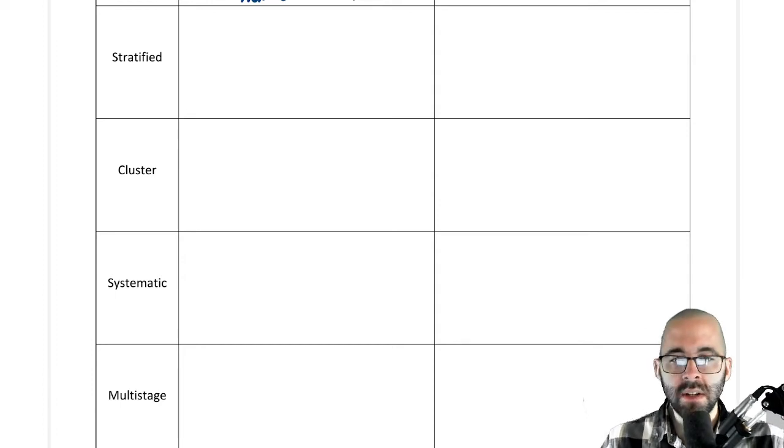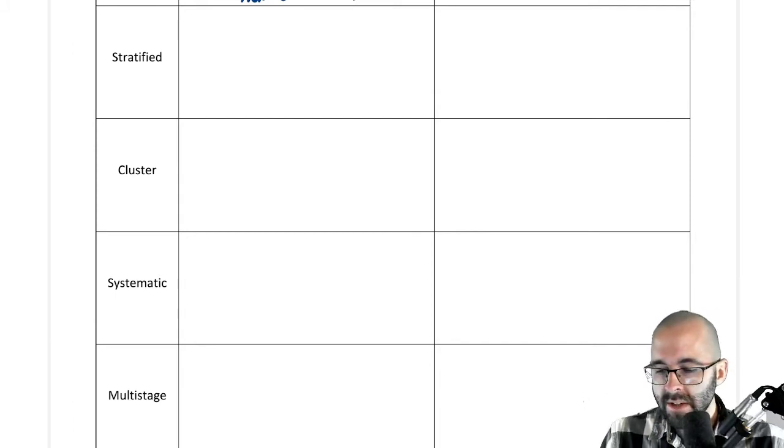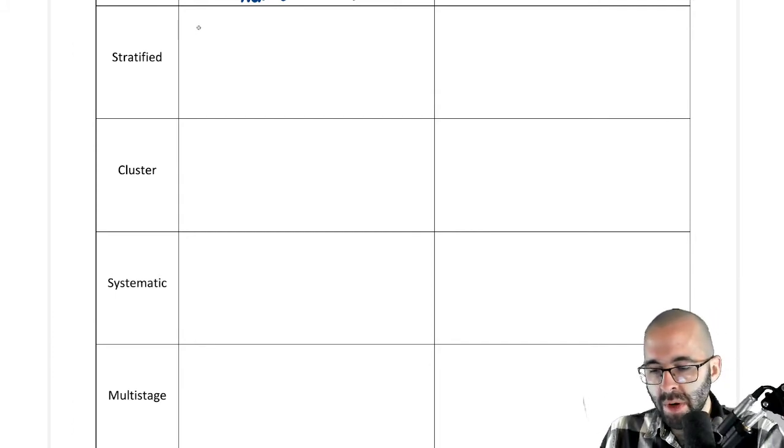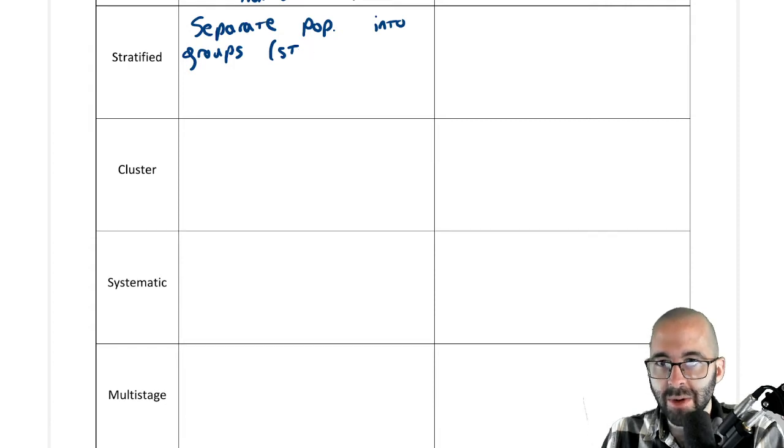So stratified and cluster, these next two are kind of similar in a way because they both involve splitting things into groups. Both of these, we're going to start by separating the population into groups, otherwise known as strata. That's not how you spell that word.